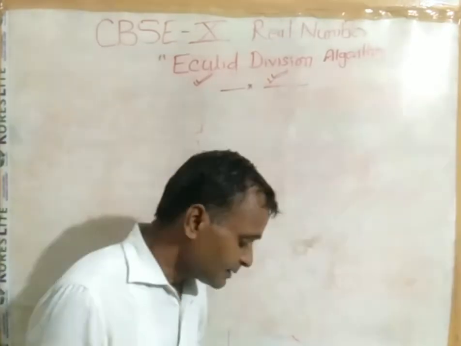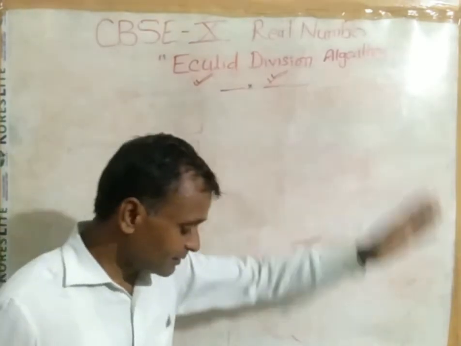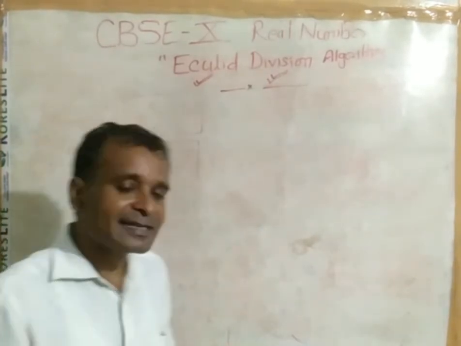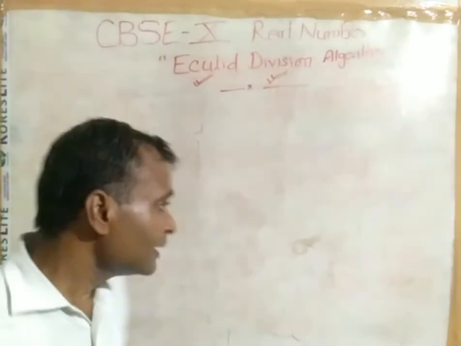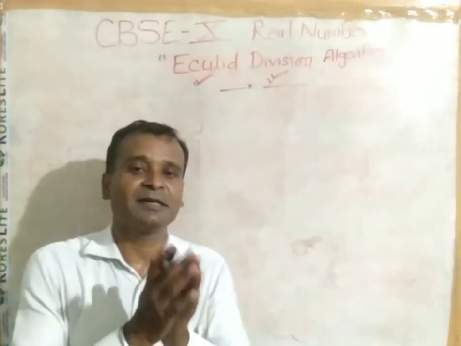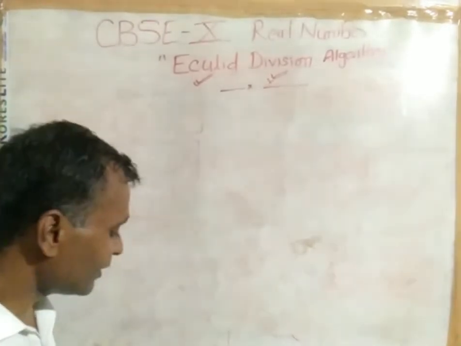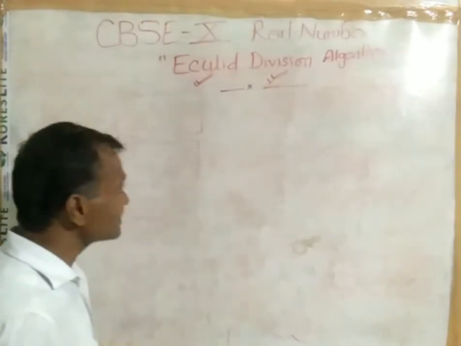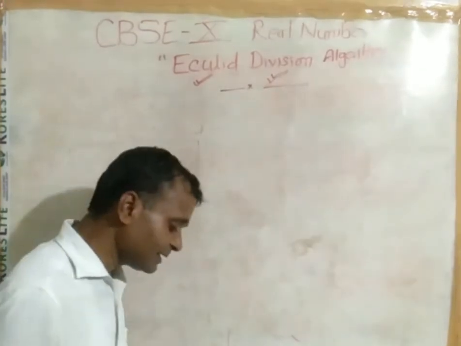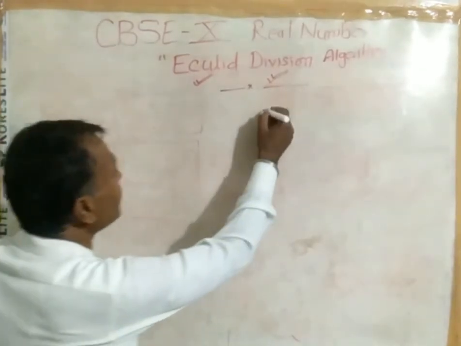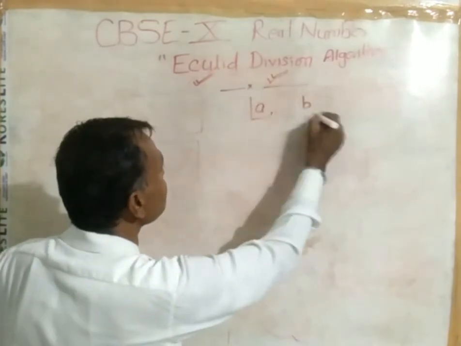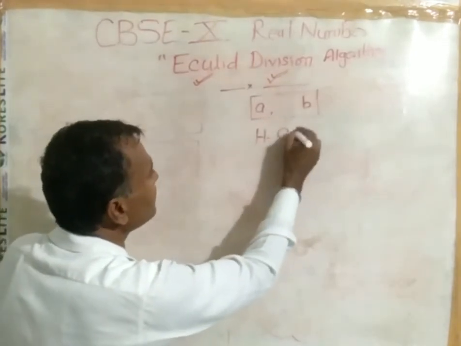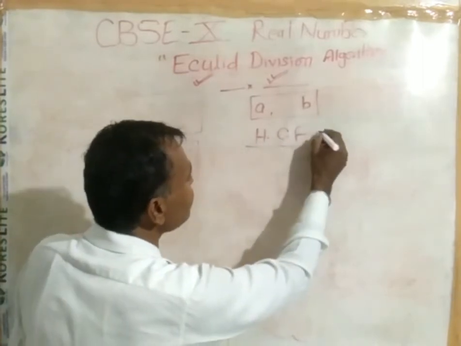We can say the Euclid division algorithm is a technique to compute the HCF of two numbers, the highest common factor of two numbers. If A and B are two numbers, then it is used to compute their HCF.